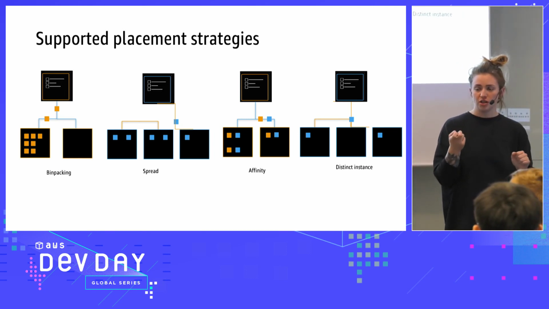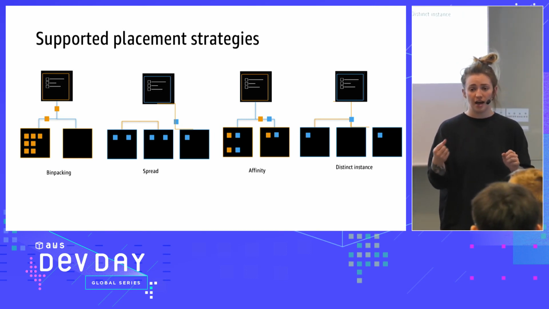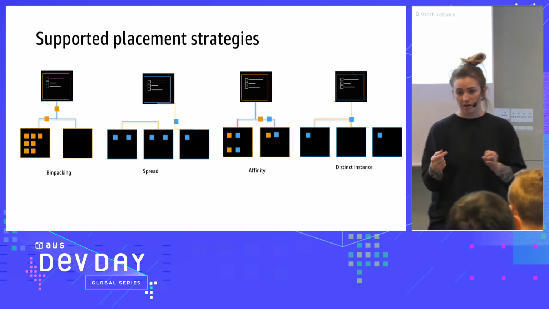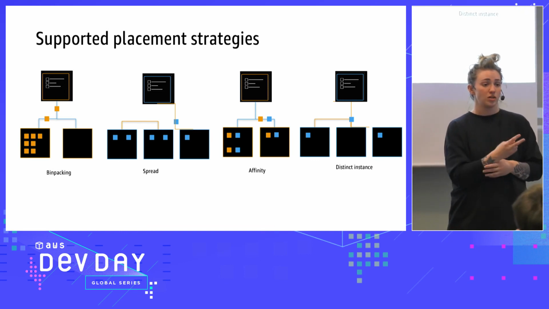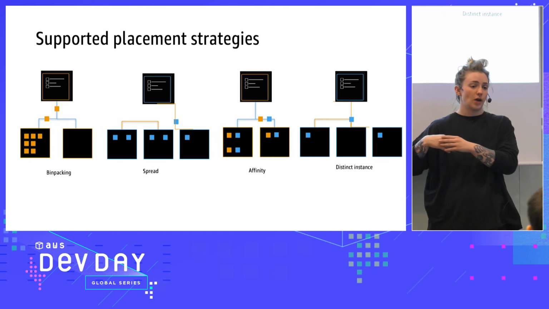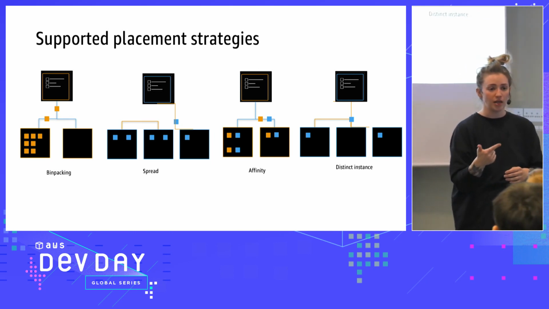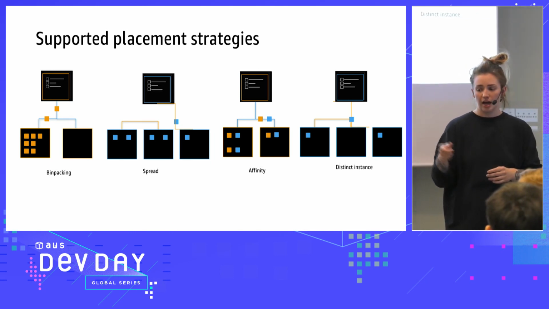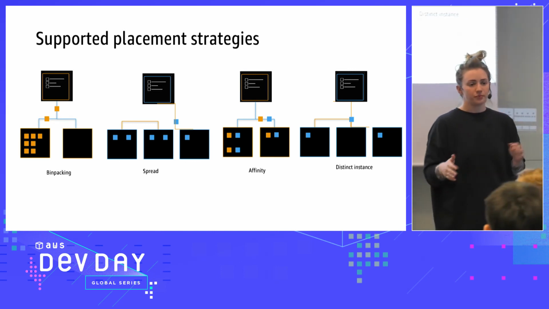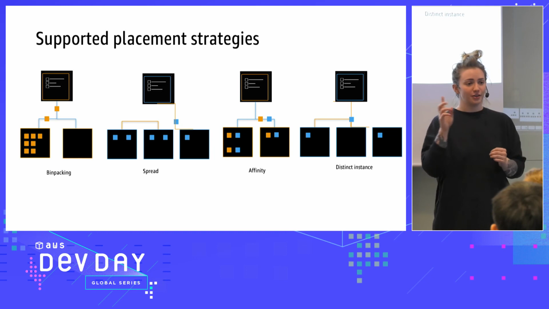Affinity will let you do things in logical groups. So if I have a logger and a monitor, this is a stupid example, but if I have a logger and a monitor that I always want to be together, I can keep those as affinity. So I want one of A and one of B, and I always want A and B together. I can do that with affinity. And then distinct instance: attempt to run one copy on one host.